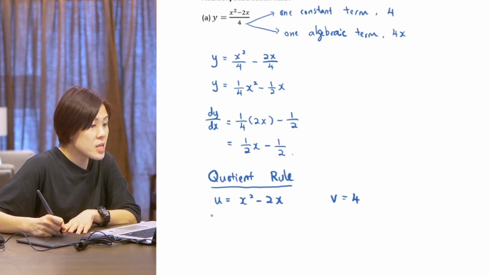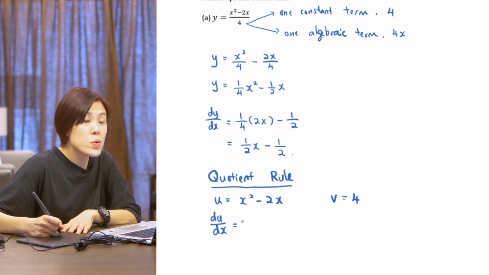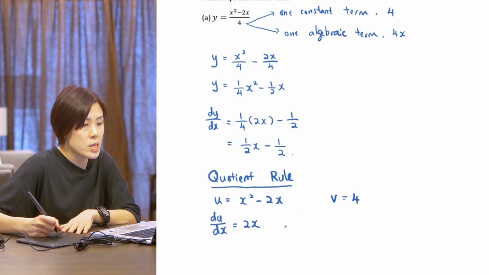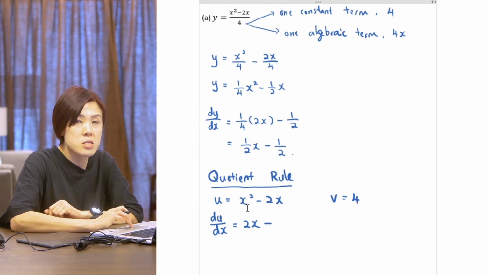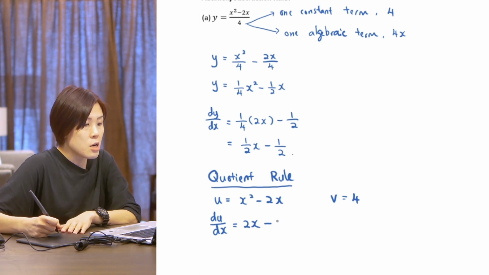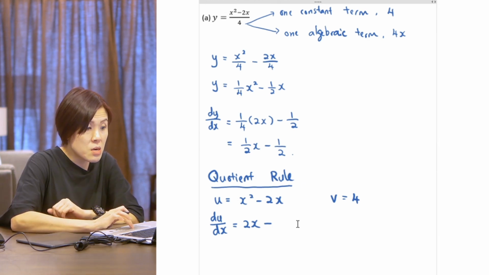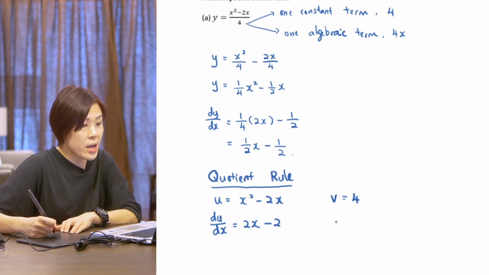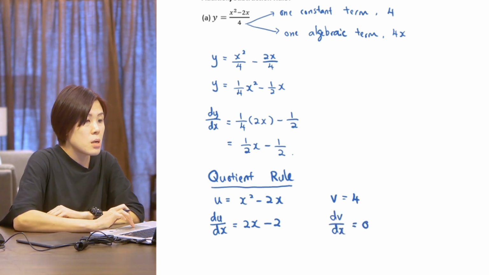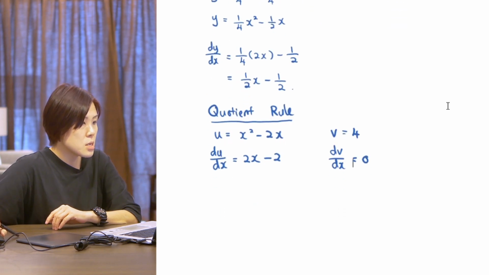So we will have du by dx, and by using the formula, we need to times the power and the power less by 1, so 2 minus 1 is 1. And everybody should know that when we differentiate a term in x, we always copy the number, so the derivative of 2x is 2. And dv by dx is 0.